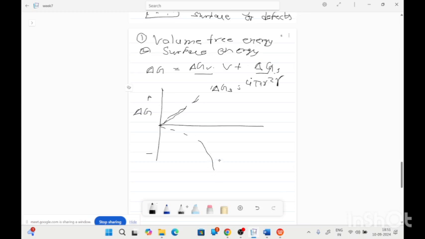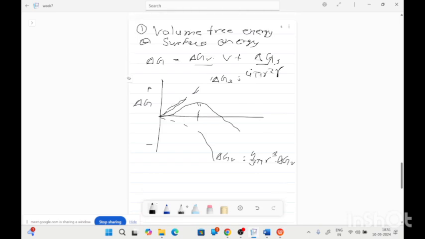The second curve is delta GV, that is 4 by 3 pi r cube into delta GV. And the resultant curve because of these two energies will be like this.